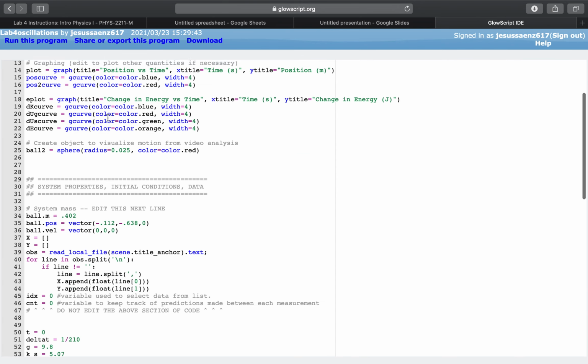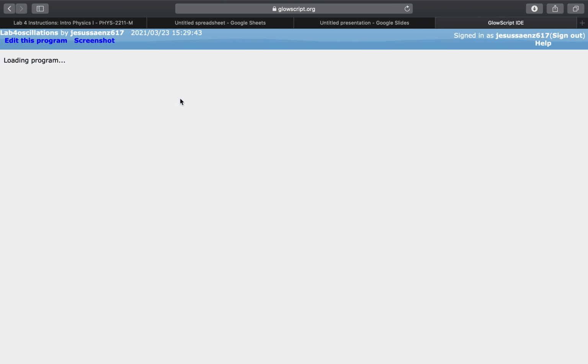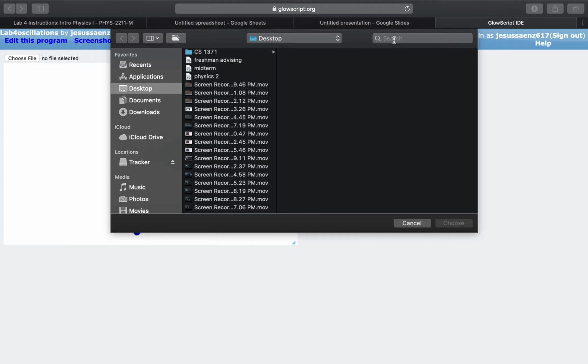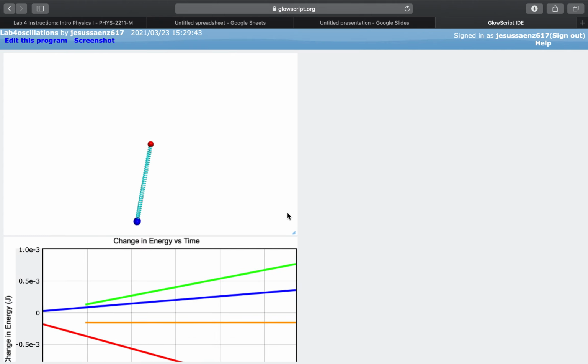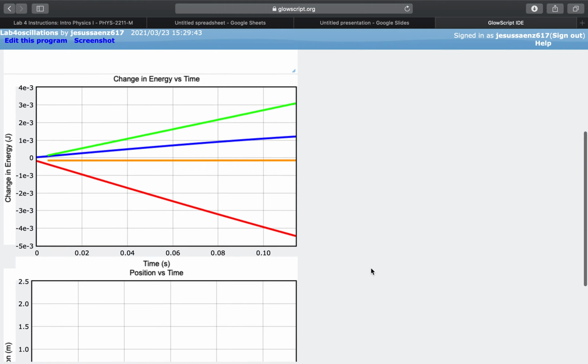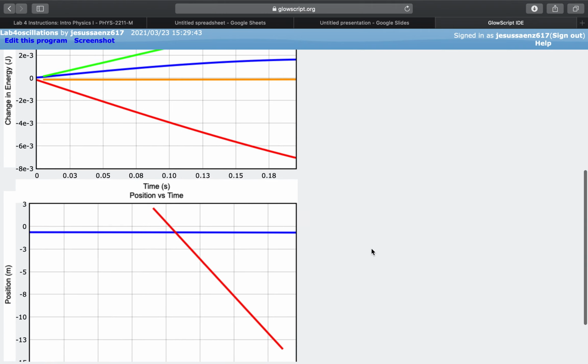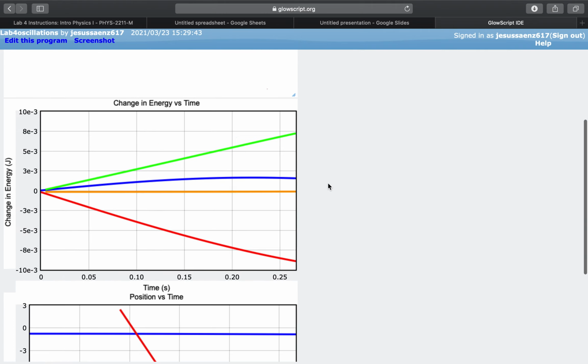Let's now take a look at what this looks like when we run the program. Here we're going to insert our CSV file, and now we're going to use that one right there. And now it's going to start running. Take a look at these graphs right here. We have position versus time, and we have change in energy versus time.